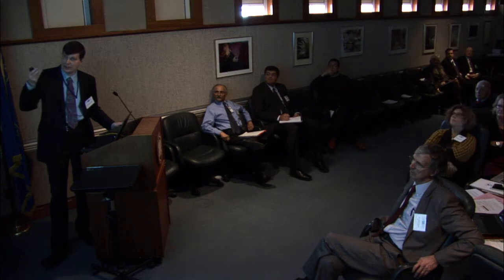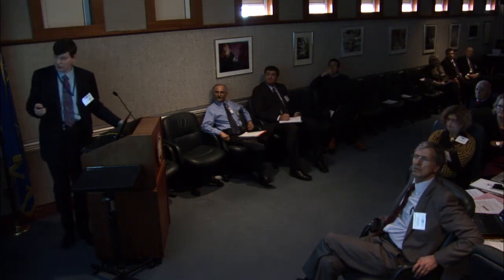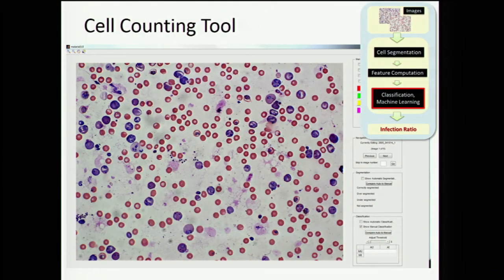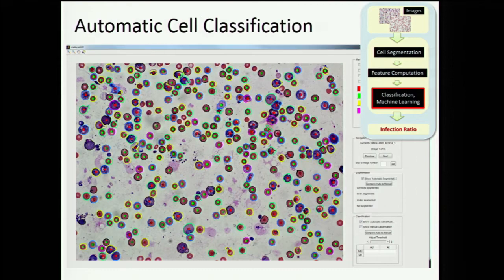So the next processing step is feature computation. We describe typical color and texture features for these cells. And then the classification, the machine learning part. So this is the interface of our system that we have right now. We can press a button here, and then the classifier that has been trained with the training data that we collected, with the annotations from an expert, outputs the classification and puts the dots on each cell.